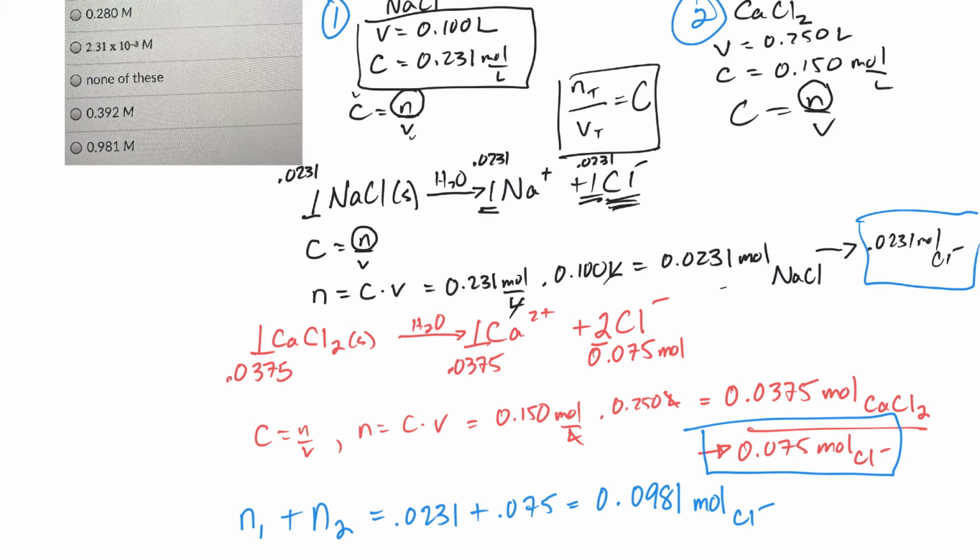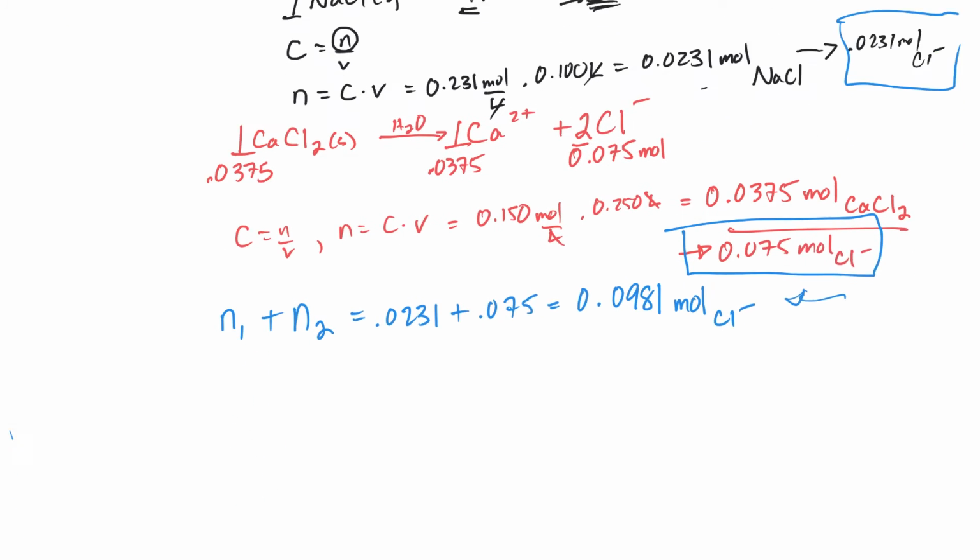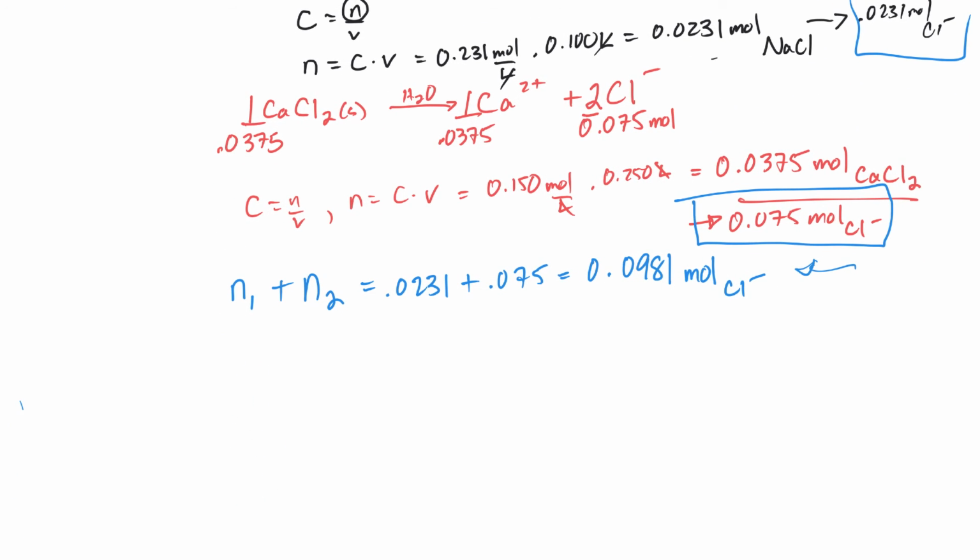So the question says, what is the concentration of chloride ions? If I look at my volumes, here I've got 100 and here I've got 250. So that's 0.350 liters that these chloride ions will be in. Let's use our concentration formula.